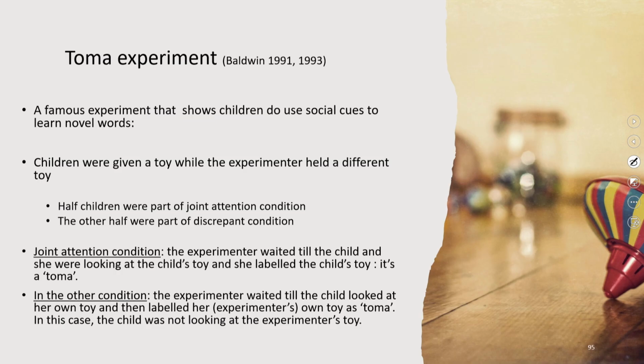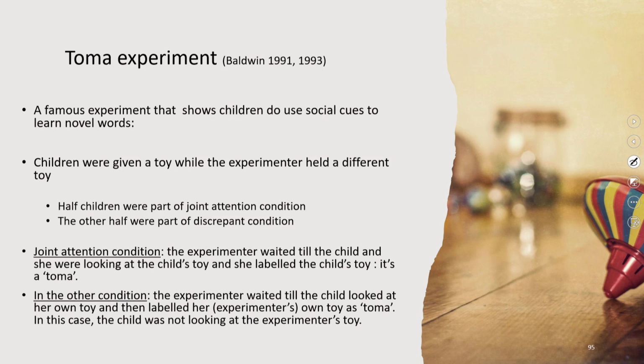Now, they created two kinds of condition. In one condition, which is called the joint attention condition, half the children took part, and the other half of the children took part in the other kind of discrepant condition.